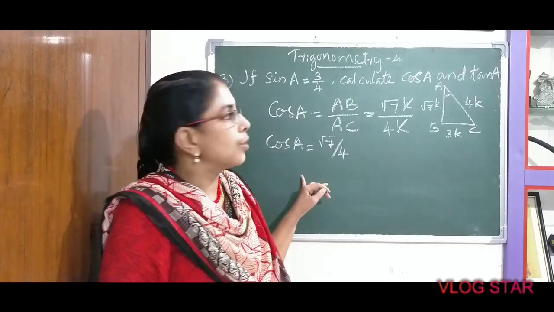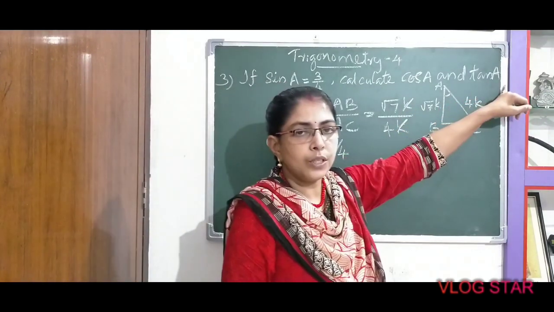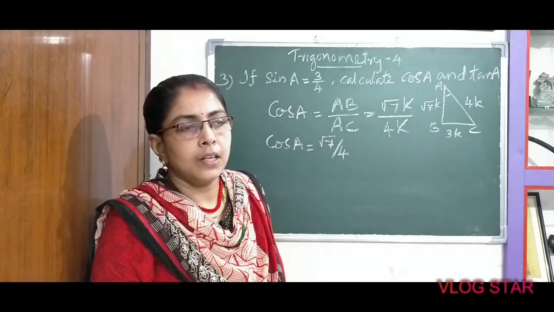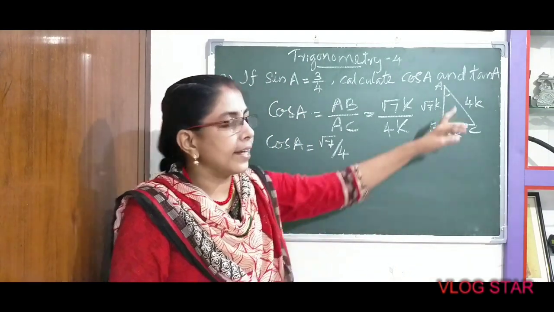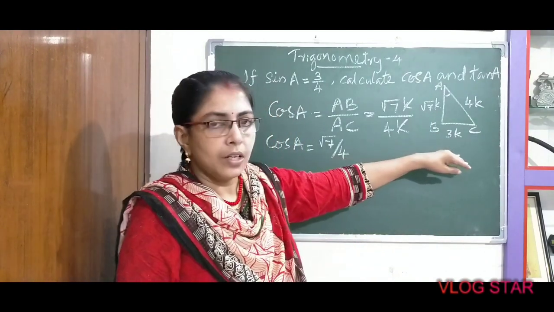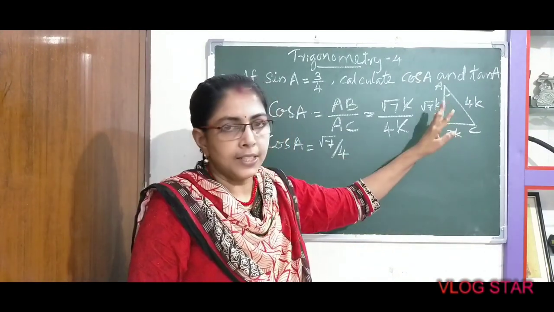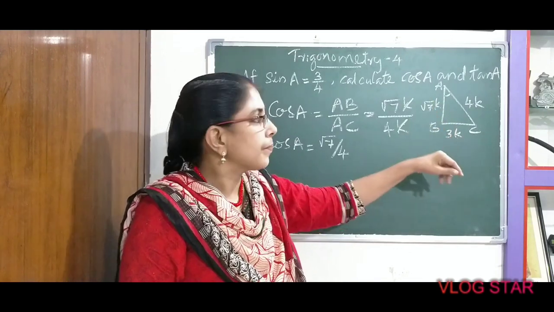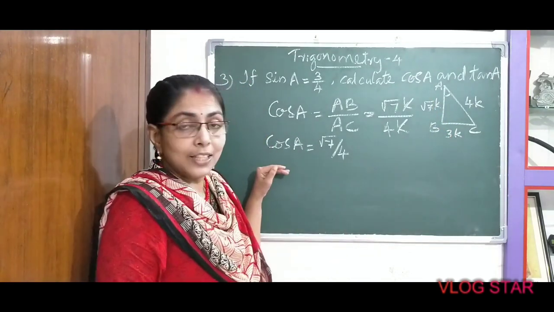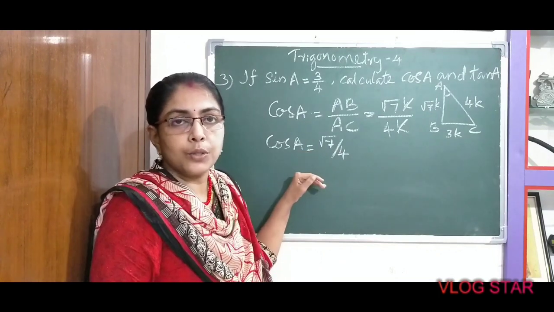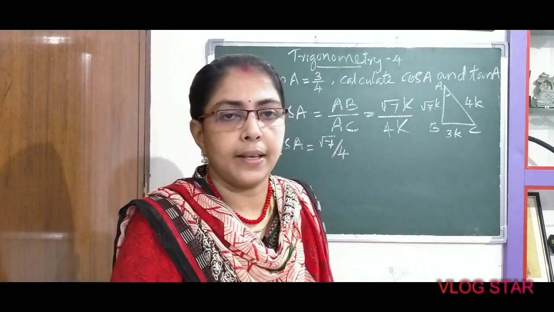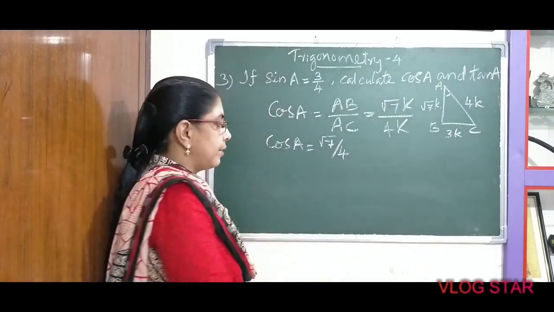Cos A is over. Next we have to find tan A. For finding tan A we have two formulas. First is opposite side upon adjacent side, and the next formula is tan A is equal to sin A upon cos A. Here we are using that formula.